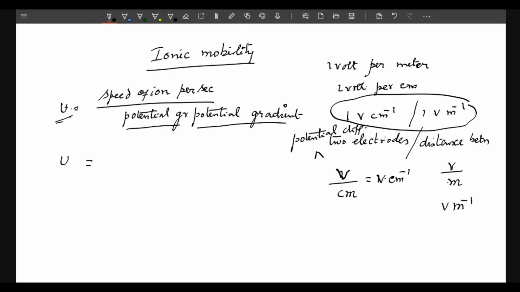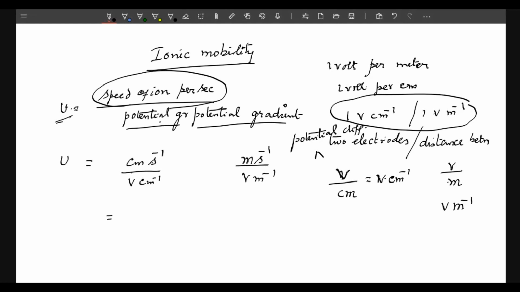The speed of the ion unit is so many centimeter per second, or it may be given as so many meter per second. That is the speed of the ion per second, divided by the potential gradient. The potential gradient is given as so many volt per centimeter or so many volt per meter.